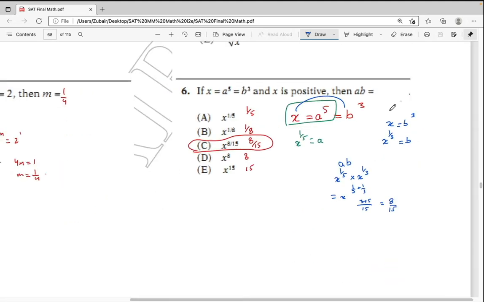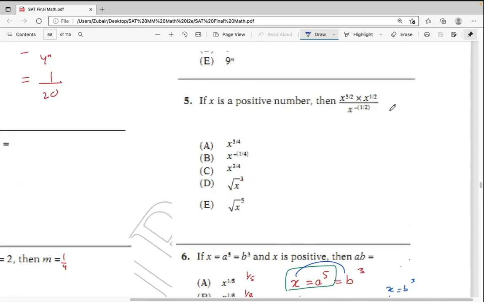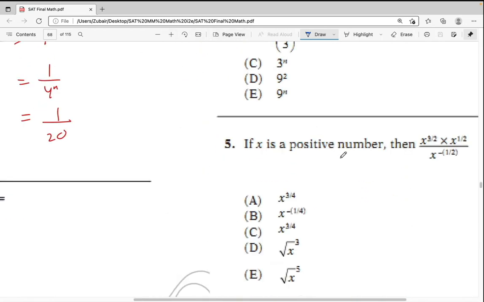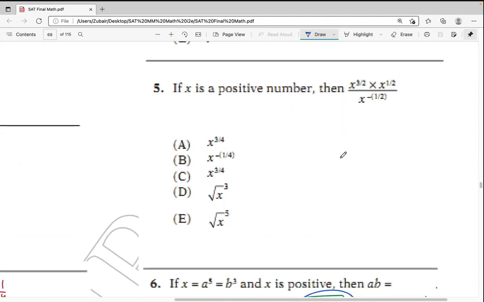Try question number 5. Is that readable? 3 by 2, 1 by 2, and negative 1 by 2 in denominator. Yeah, that's readable.